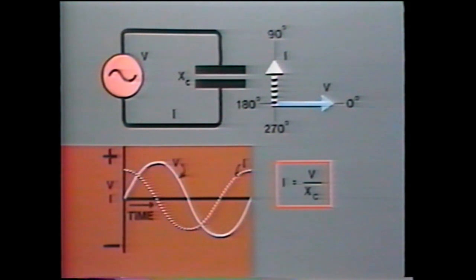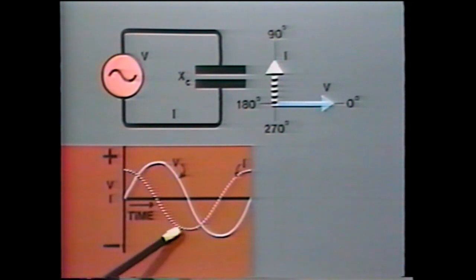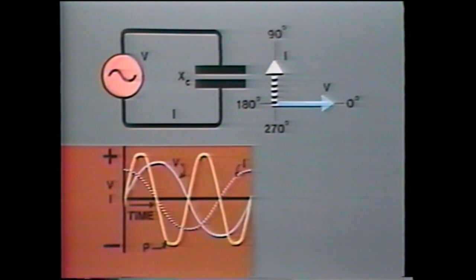RMS current will be equal to the RMS voltage divided by the capacitive reactance, X sub C. But what is the value of power in this pure capacitive circuit? As before, the power curve is obtained by multiplying the instantaneous values of voltage and current. And we find that the average power consumed is 0.